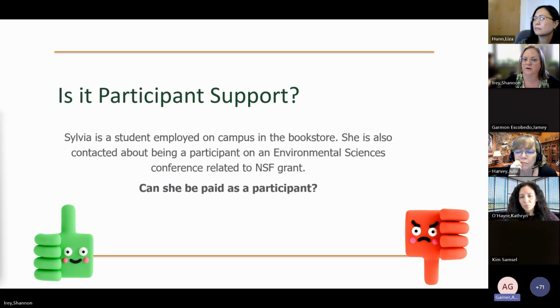I think so. Sometimes in an effort to compensate a participant, the thought crosses the mind that we could just use an hourly assignment. But having that salary on that participant support grant is troublesome. Yes, and so I think that's what I was driving at.